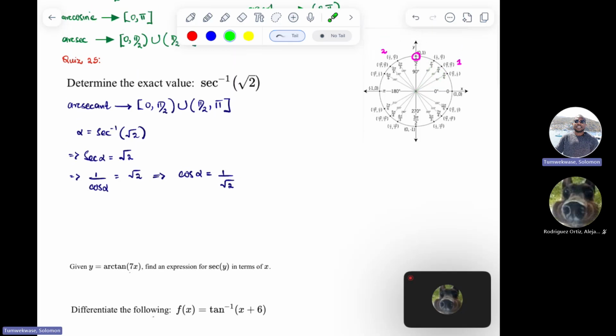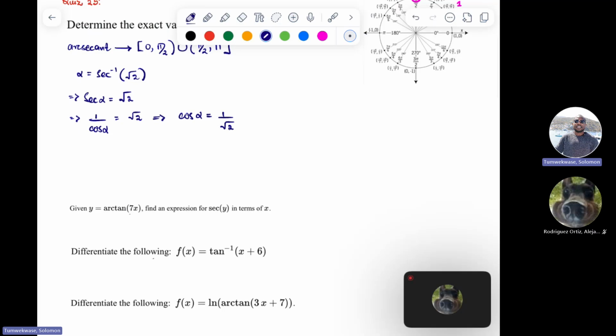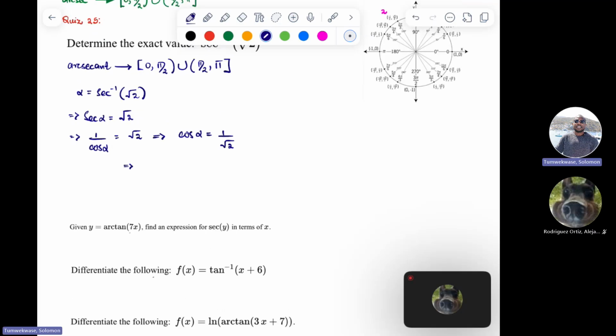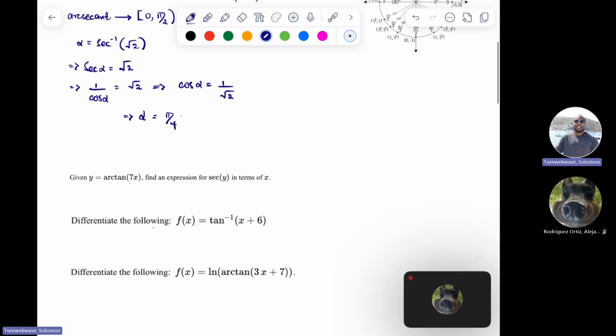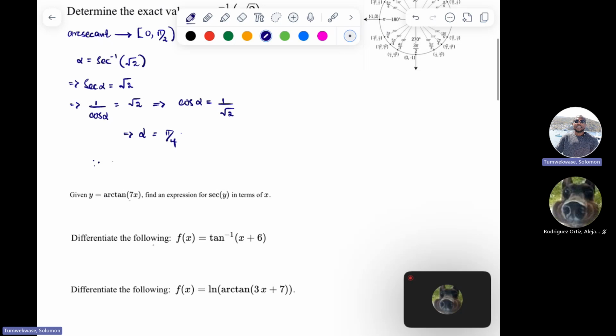And that alpha, for which the cosine is 1 over square root of 2, is right there, okay? Which means that this alpha is the same as pi over 4. So therefore, the arcsecant of square root of 2 is equal to pi over 4.